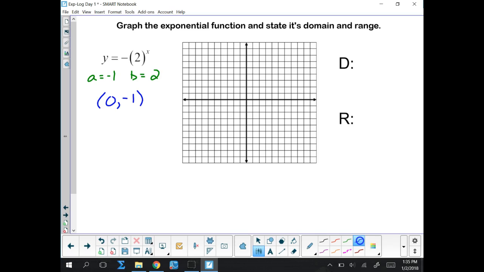Agree. (1, a times b), so that's going to be -2. (2, a times b squared): -4. (3, a times b cubed) is -8, right?